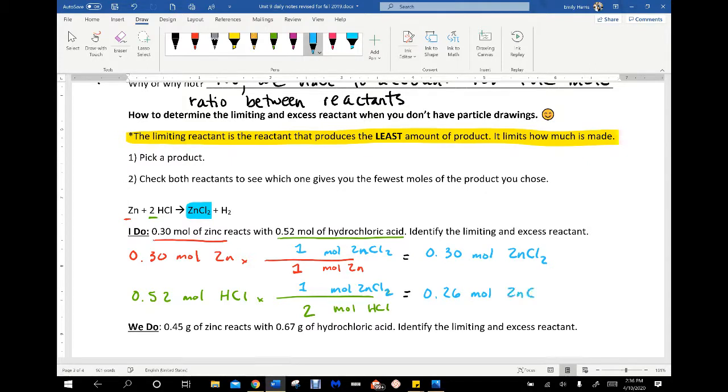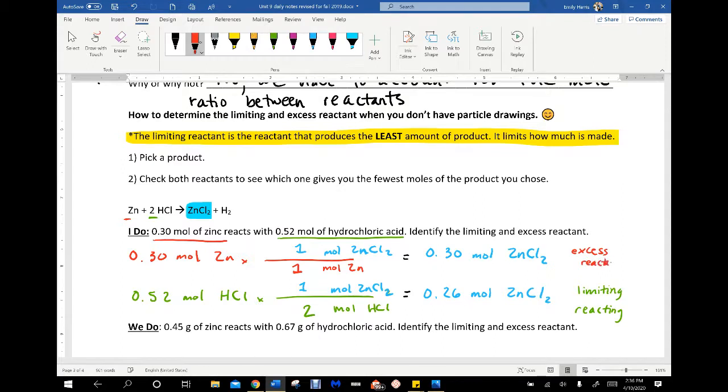Then on the bottom problem, it would be 0.52 times 1 divided by 2, which gives us 0.26 moles of zinc chloride. All right. So now we ask our question, which reactant gave us less product? So here, the hydrochloric acid gave us less product, so it is the limiting reactant. The zinc gave us more product, so it would be the excess reactant.